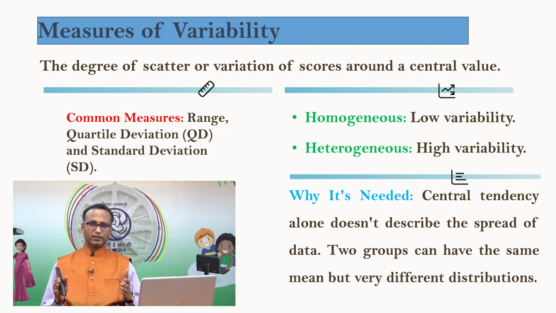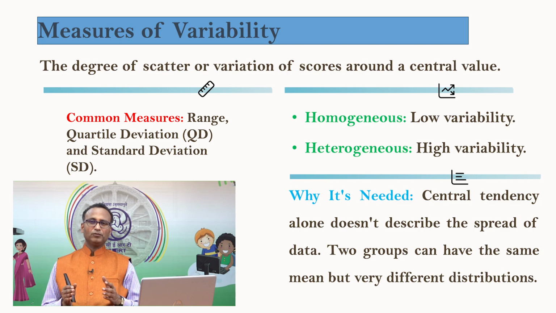You have a group of scores, and for every group of scores you have a central tendency, or a mean. But variability explains how each individual is scattered or spread from the center, because this is very useful to understand the nature of the group.